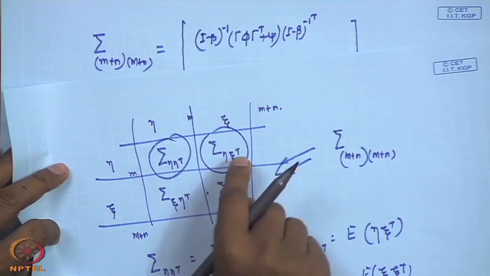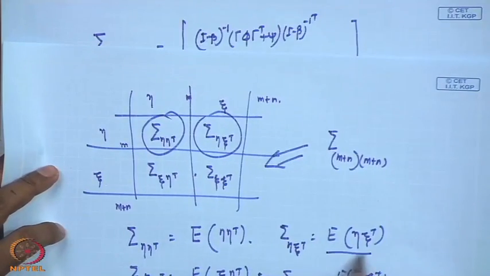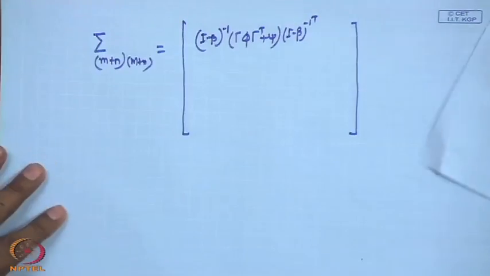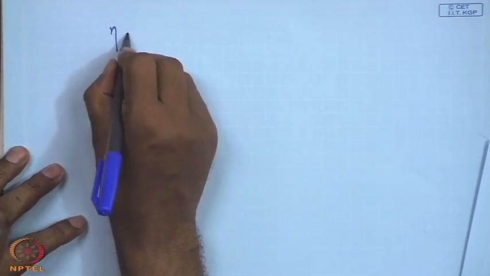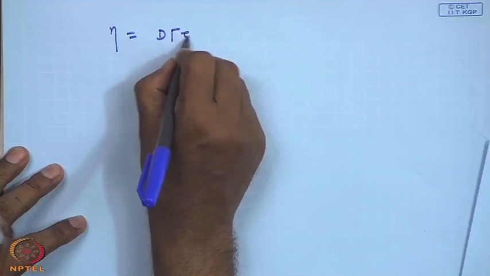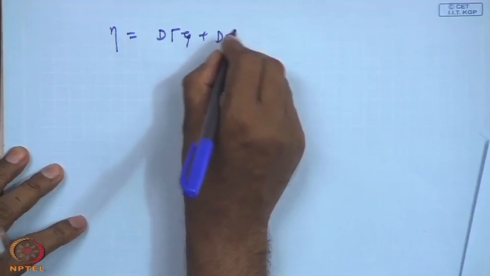eta xi transpose, which is the expected value of eta xi transpose. So, let us see what is the expected value of eta xi transpose. We say eta equals d gamma xi plus d zeta.